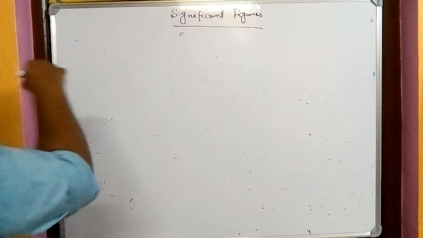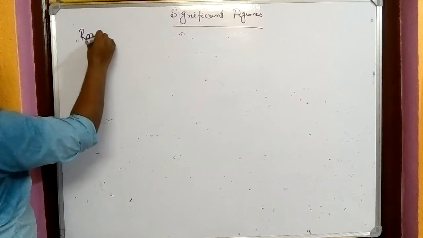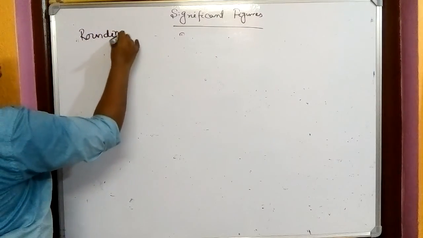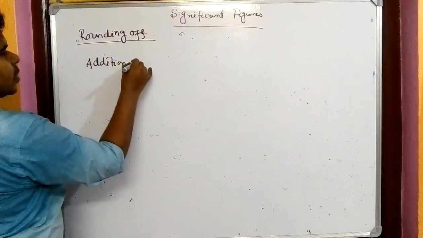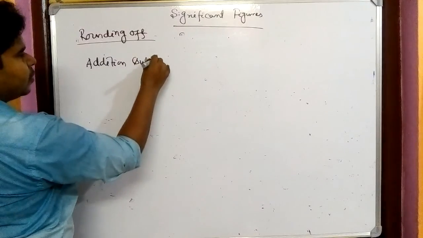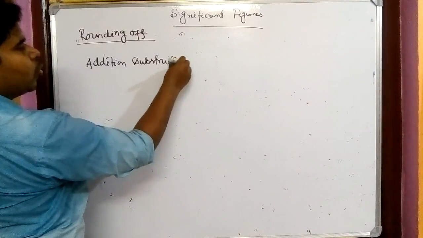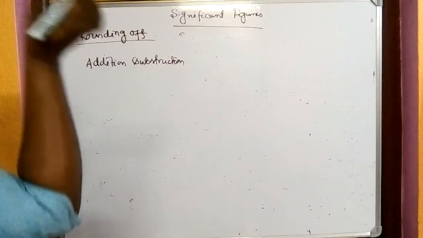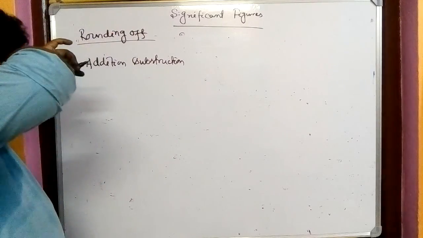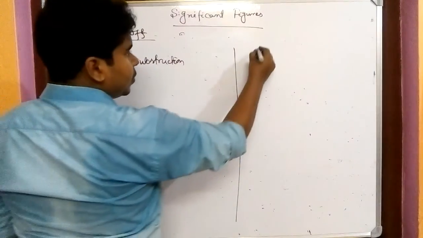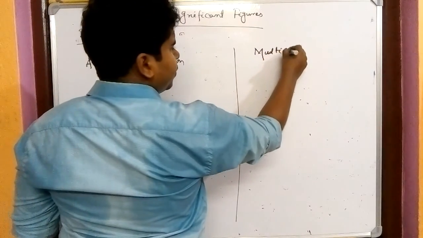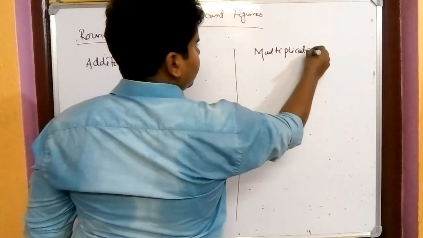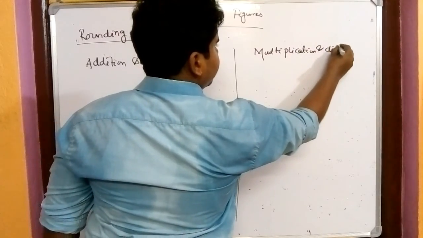Rounding off in case of addition and subtraction, the rule of addition and subtraction is the same. So addition, subtraction, and multiplication and division.